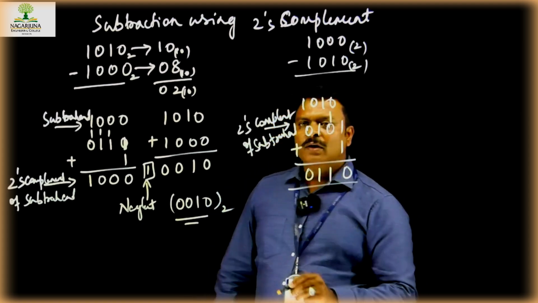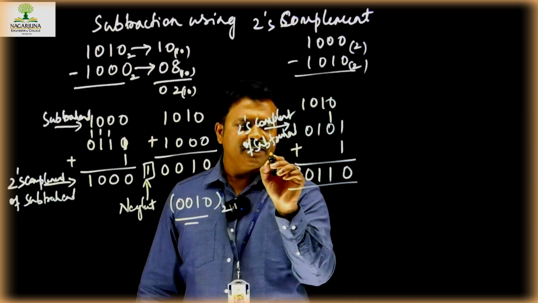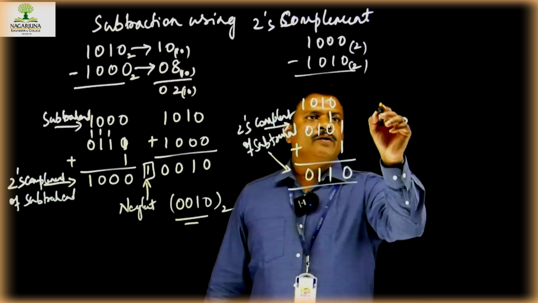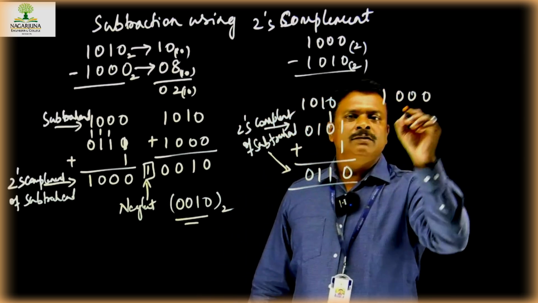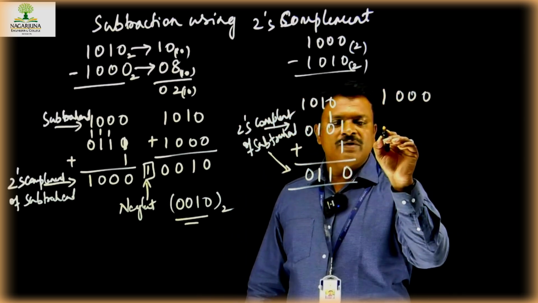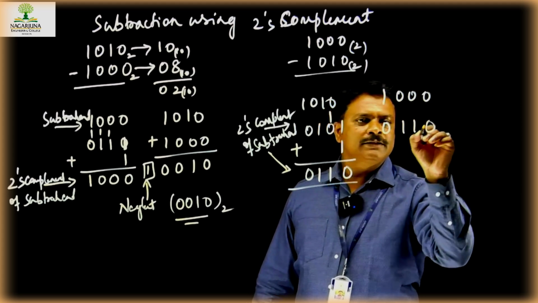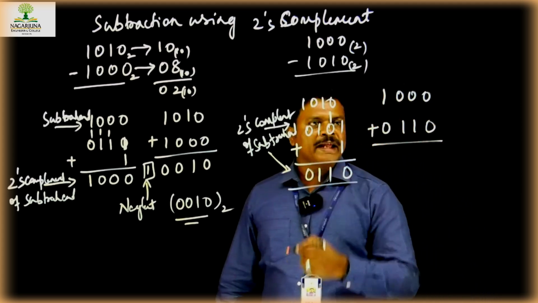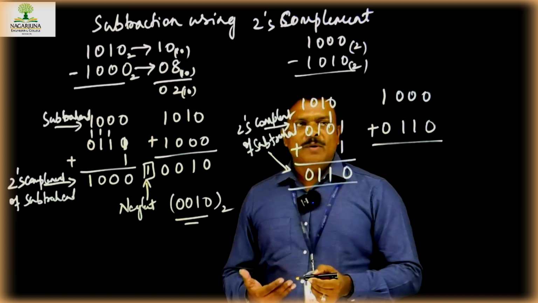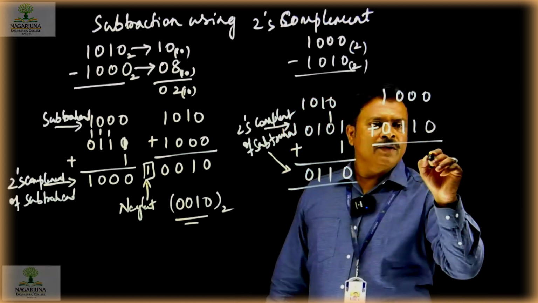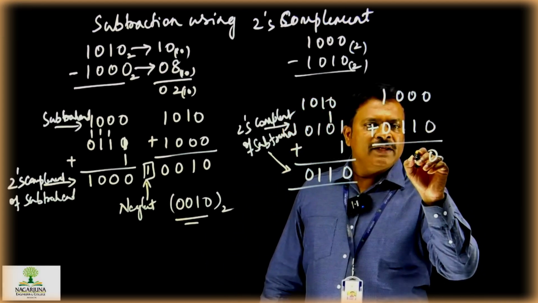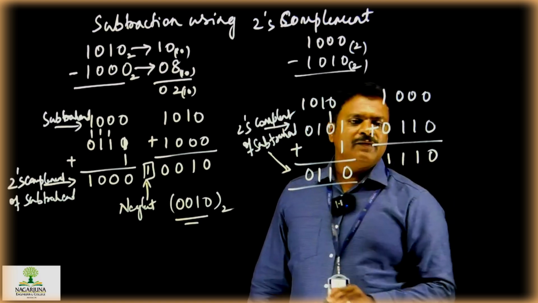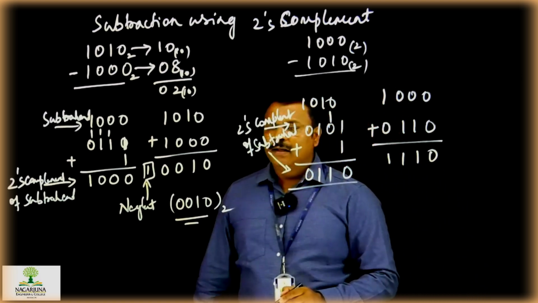So this is your two's complement of the subtrahend. Now retain your minuend 1000 and your two's complement of the subtrahend is 0110. In the place of minus, you take the addition. So 0 plus 0, 0 plus 1 is 1, 0 plus 1 is 1, 1 plus 0 is again 1. In this case you are not getting the carry.